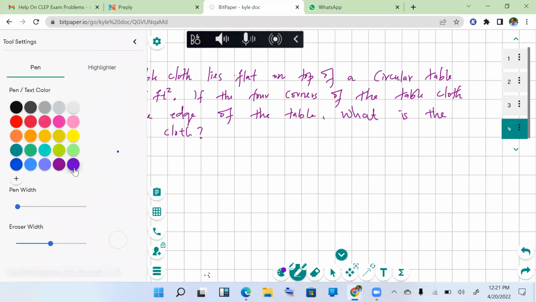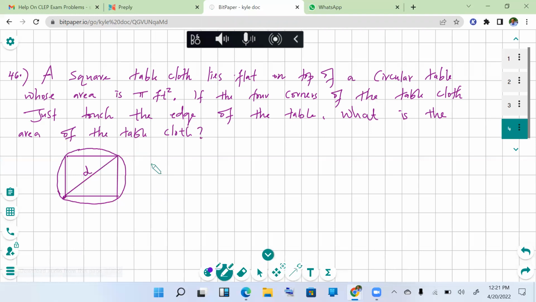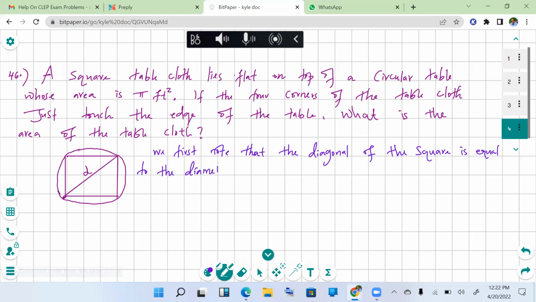So we first note that the diagonal of the square is equal to the diameter of the circle.